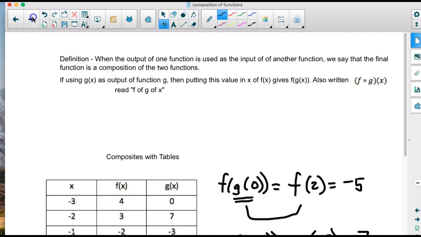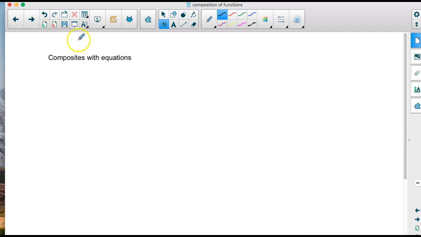Okay, next on the agenda is equations. All right, so there's several different types of equations we're going to do. There's going to be the ones where we actually evaluate the equations.